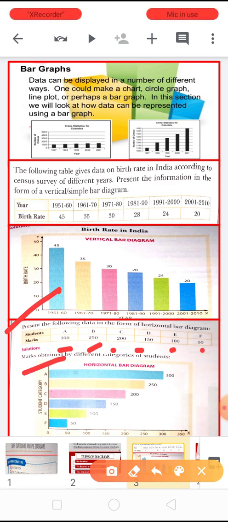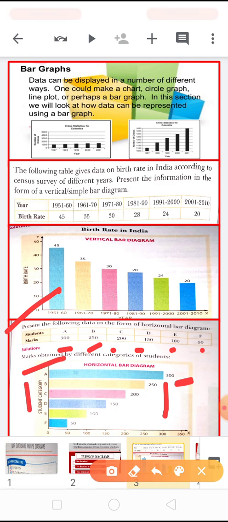Like here, when we're talking about A, their marks obtained are 300, so the bar can be drawn up to 300 because the value is 300. And so on, we can plot the marks of each and every student, like B, C, D, E, F, simultaneously. So this is basically your horizontal bar diagram.